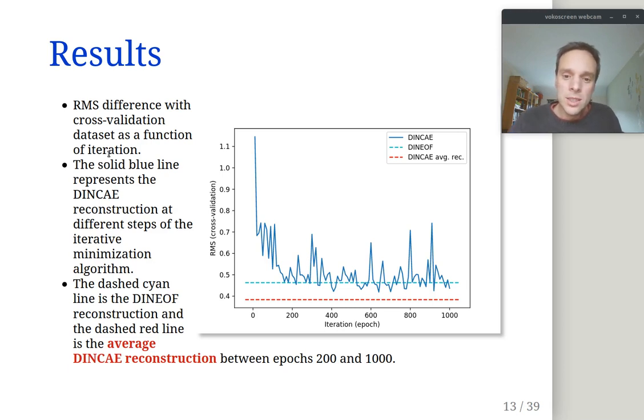And so this is the RMS error relative to the validation data set for different epochs during our training. You see that the RMS error varies quite a lot. This has to do with the fact that the optimization does not use the gradient computed over the full data set, but only over a small part of it.